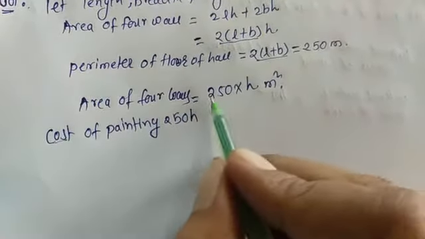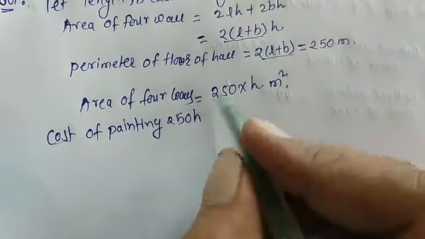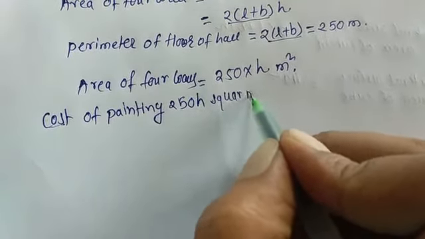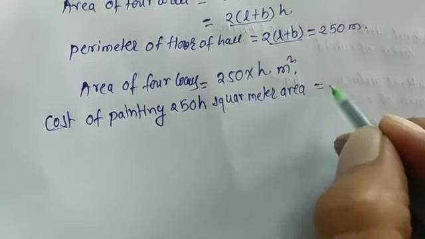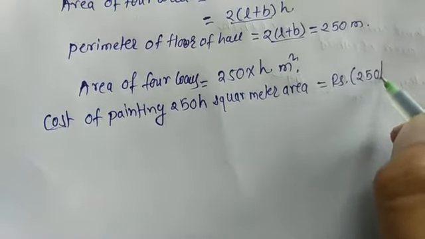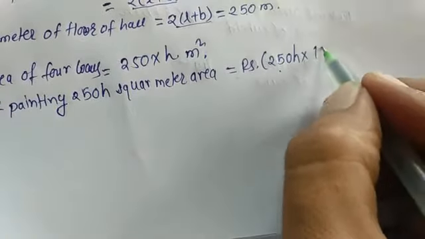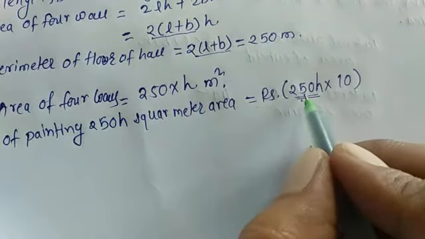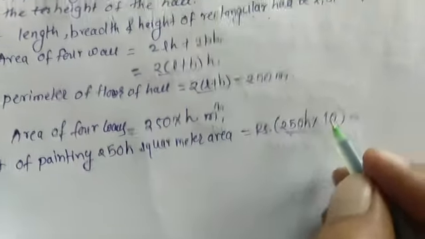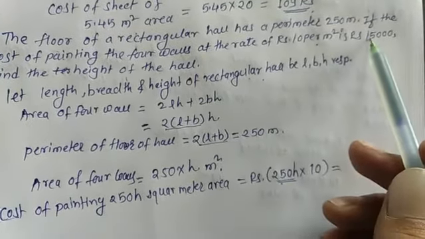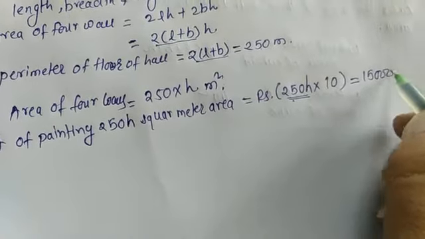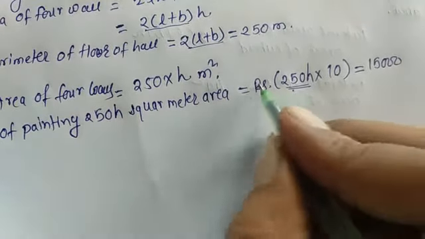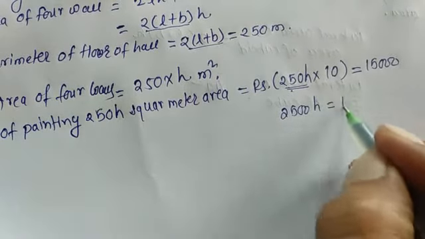So the total area is 250 into height, and the cost of painting is 250 H into 10 rupees, which is given as 15,000. So 2500 H is equal to 15,000.